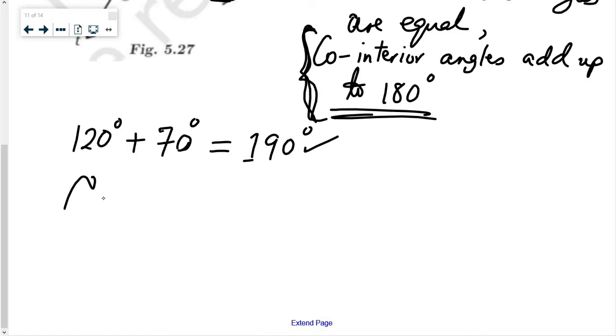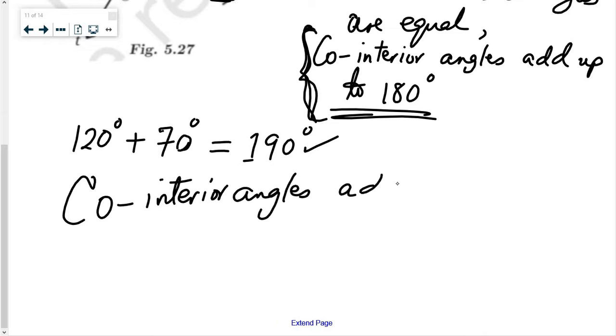So we say that co-interior angles add up to 180 degrees. But what did we get? We got 190.